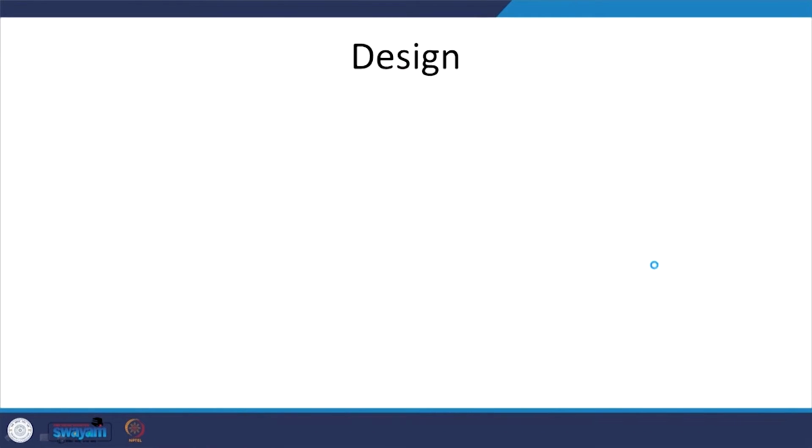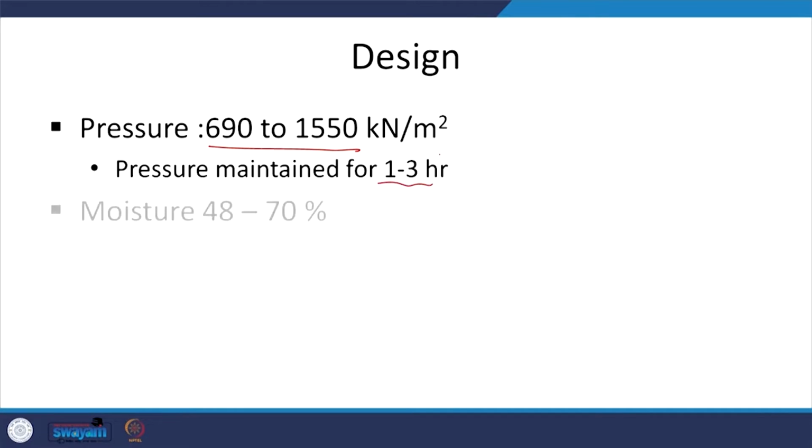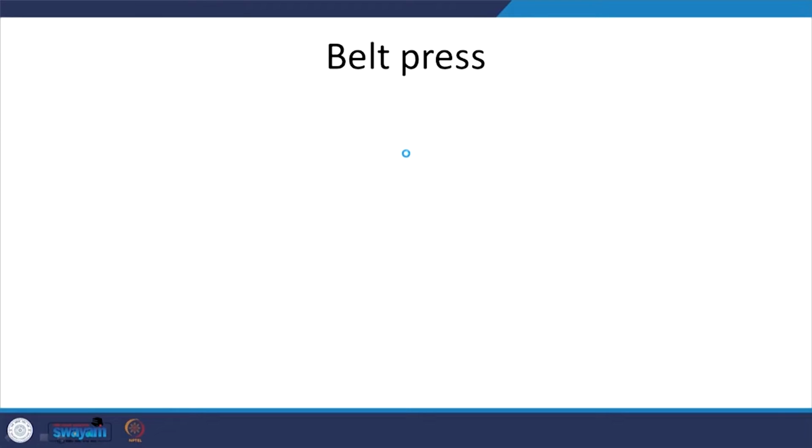So, let us move on. Design general aspects: obviously pressure is the key aspect and we have to maintain the pressure, it is not one stop, and moisture content. The total cycle time is 2 to 5 hours, depending upon the extent of moisture removal that you want.